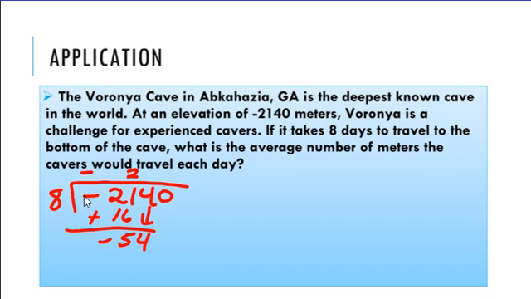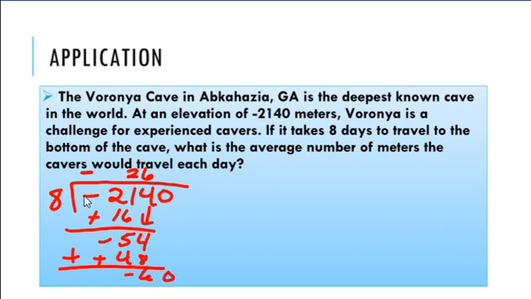8 goes into 54. It'd be going 6 times. 8 times a negative 6 would give you a negative 48. But if we're subtracting a negative 48, we're really adding 48. So a negative 54 plus 48 would give you a negative 6.